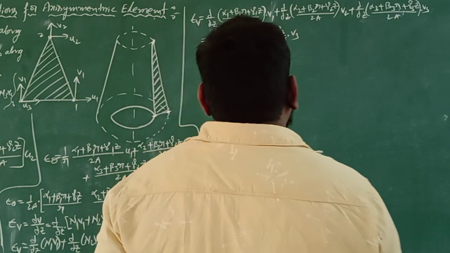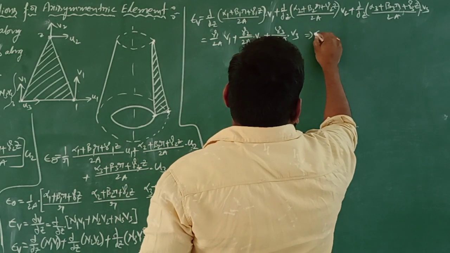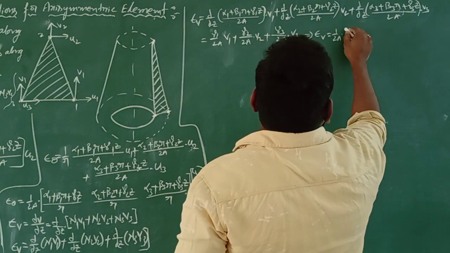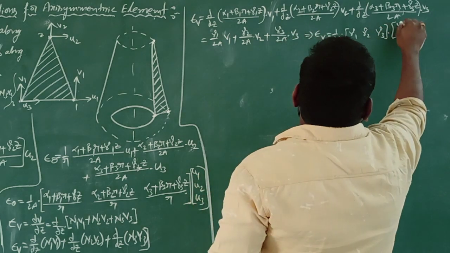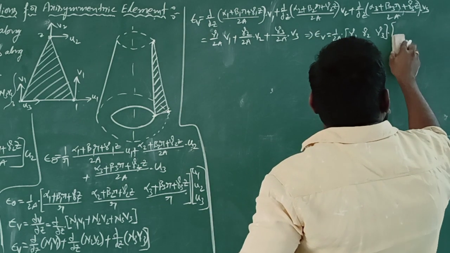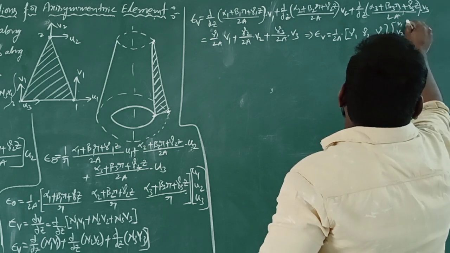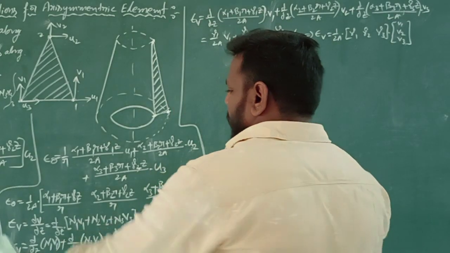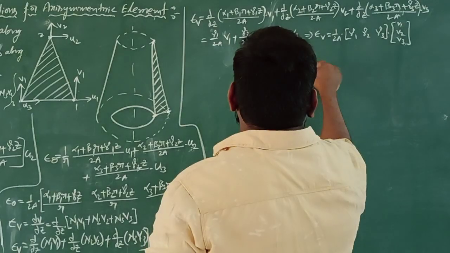So finally in matrix form we can write epsilon v is equal to 1 by 2a into gamma 1, gamma 2, gamma 3 into v1, v2 and v3. This is the equation. So we got epsilon r and epsilon v.